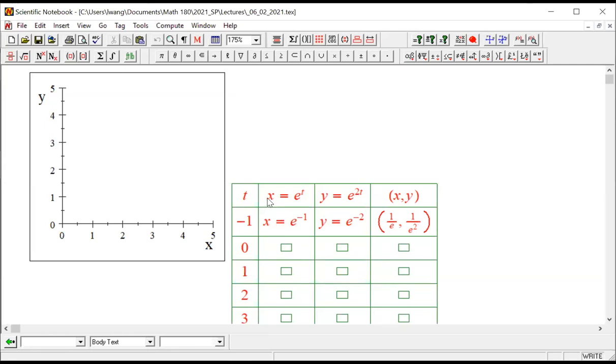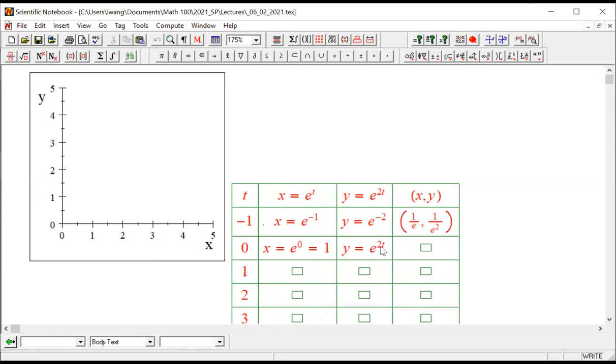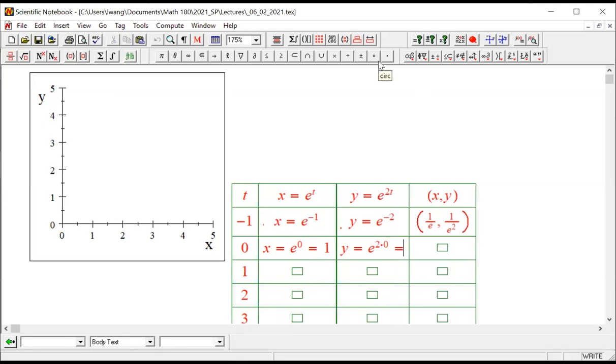Now t = 0. e to the power 0. What is e to the power 0? Equals 1. 2 times 0 equals 0, so e to the 0 is 1 as well.